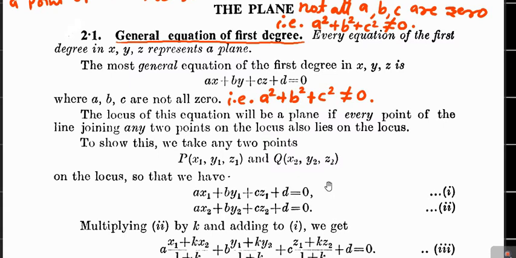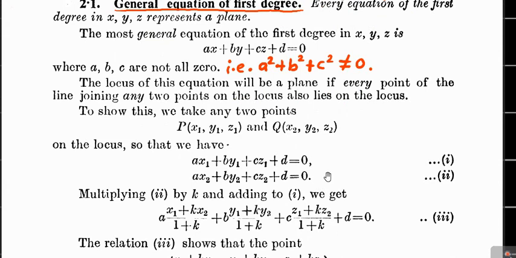Next, we will multiply equation 2 by the constant k and add it to equation number 1. So multiplying equation 2 by k and then adding to equation number 1, we will get ax1 plus by1 plus cz1 plus d, plus k into ax2 plus by2 plus cz2 plus d, equal to the right hand side 0.